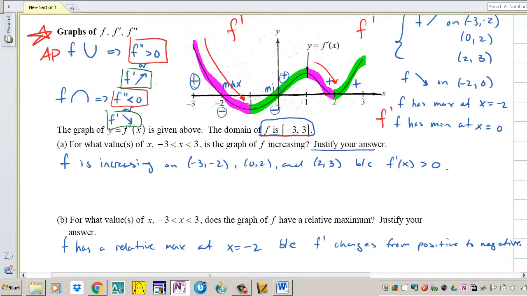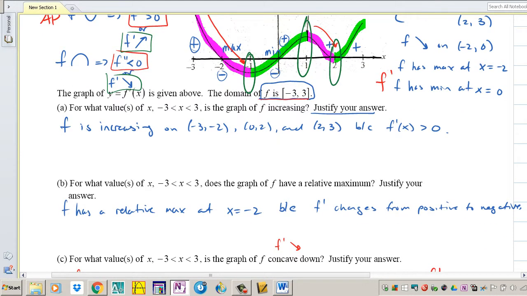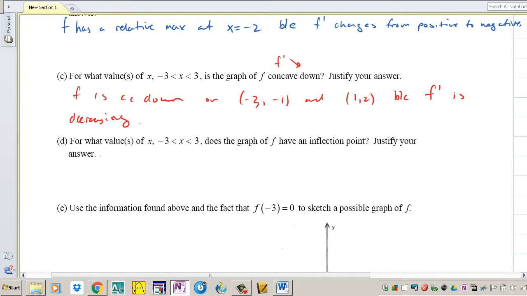Now, how many times do you see the graph of f prime changing from decreasing to increasing or increasing to decreasing? I see 1, 2, 3 times. I see 3 points of inflection, -1, 1, and 2.